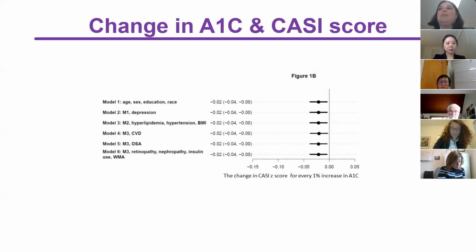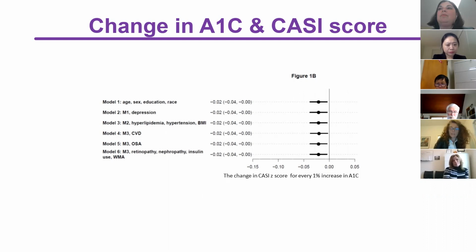This slide shows the relationship between the change in A1C over time and the change in CASI Z-score over time. You can see that a 1% increase in A1C over time corresponded with a CASI score decrease of 0.021. And again, this relationship persisted in all the models.